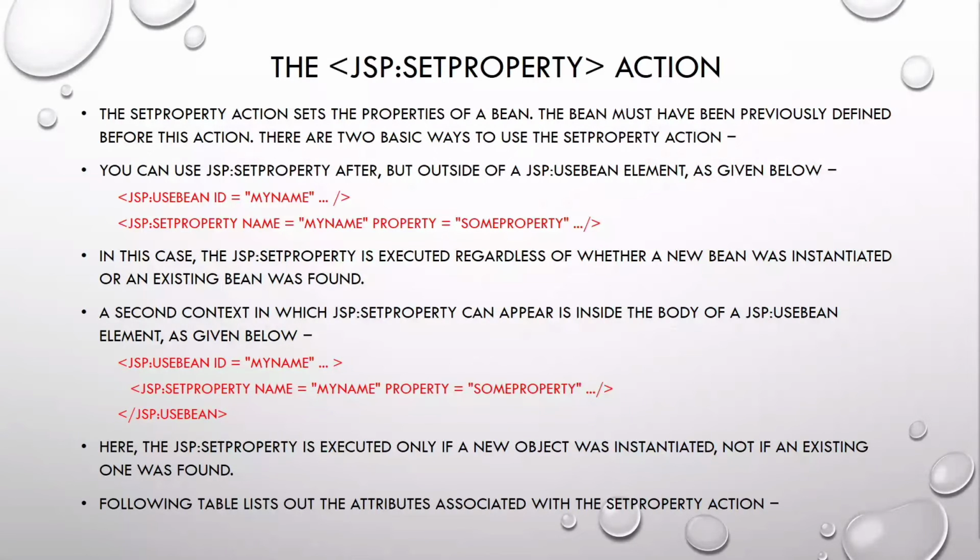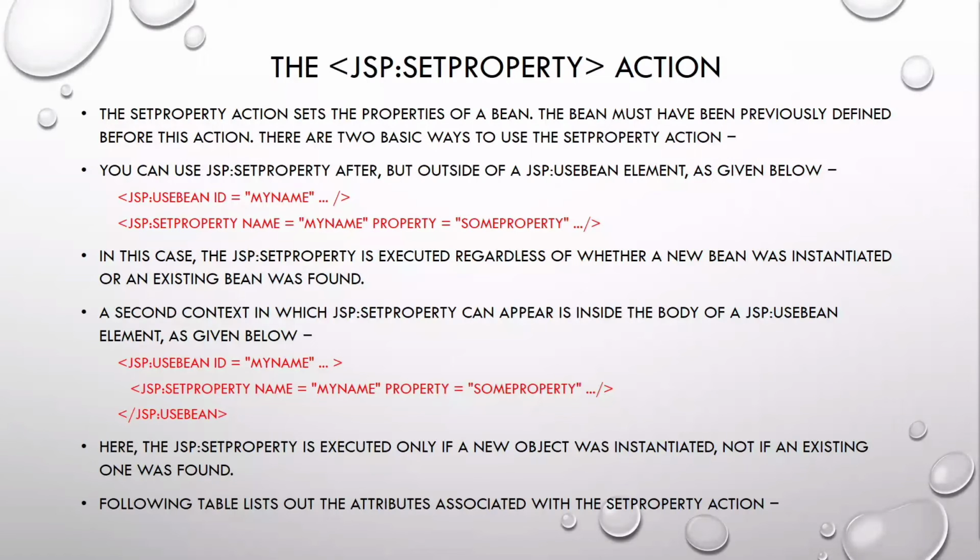In this case, the JSP setProperty is executed regardless of whether a new bean was instantiated or an existing bean was found. A second context in which JSP setProperty can appear is inside the body of a JSP useBean element as given below. Here the JSP setProperty is executed only if a new object was instantiated, not if an existing one was found.